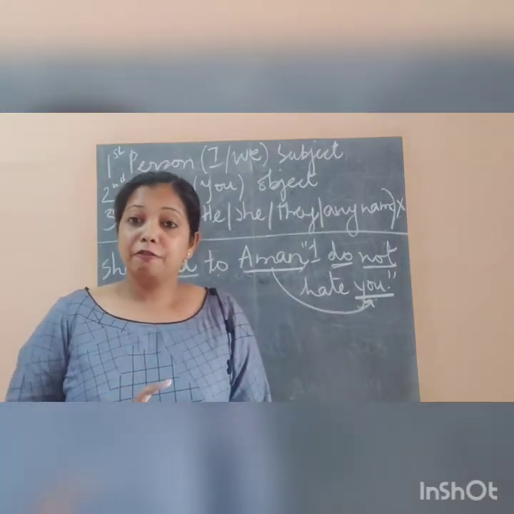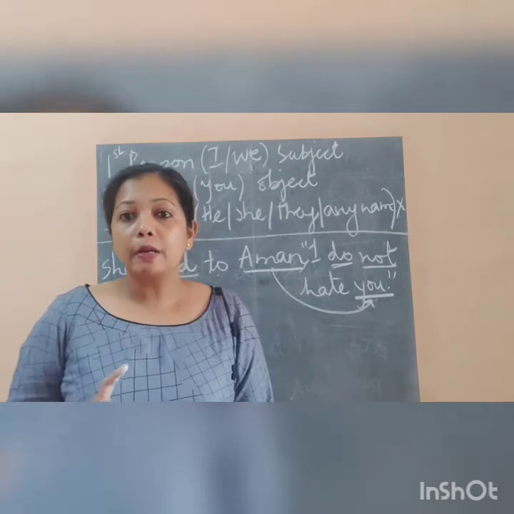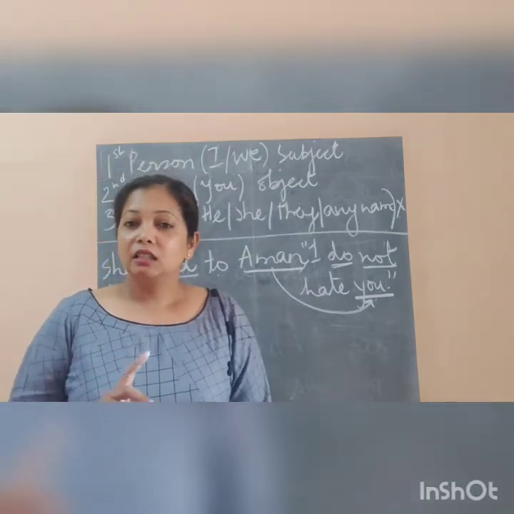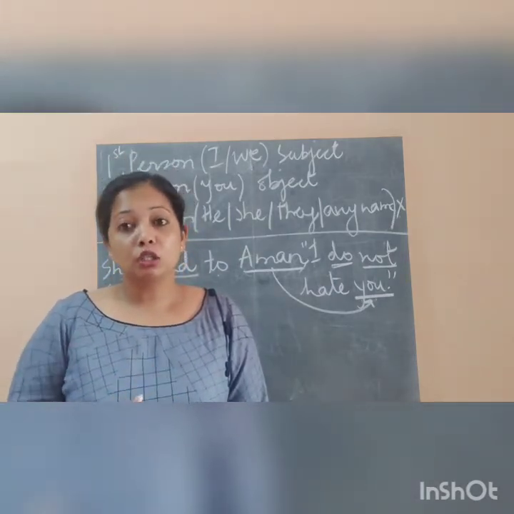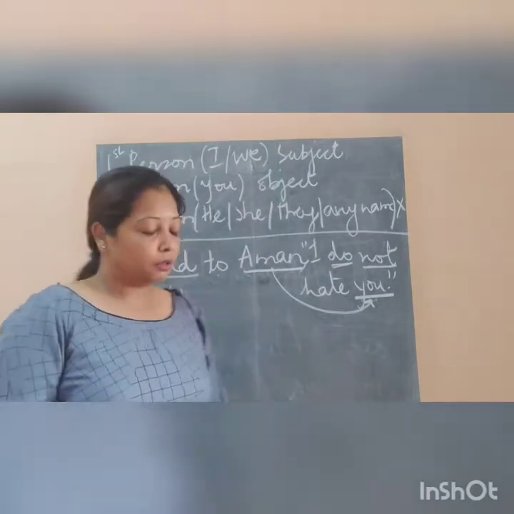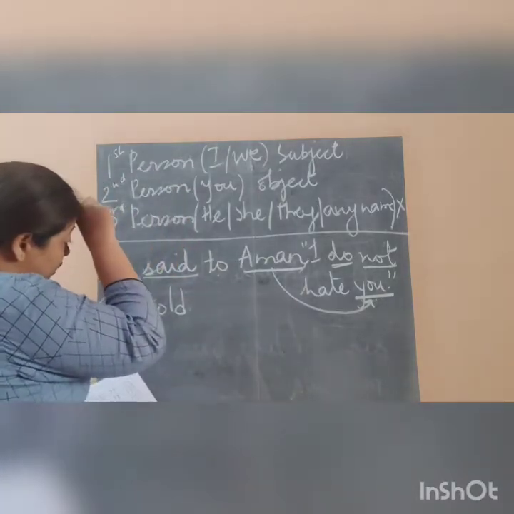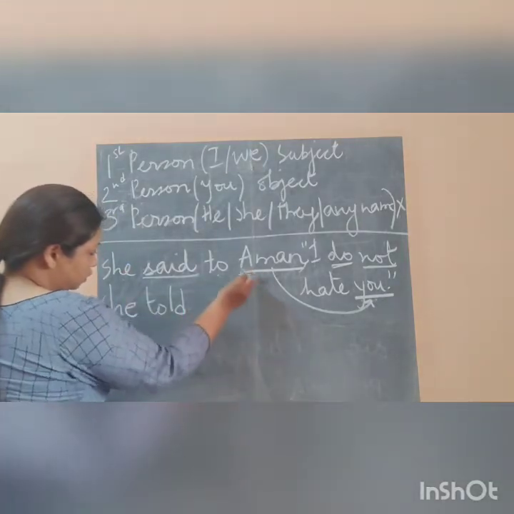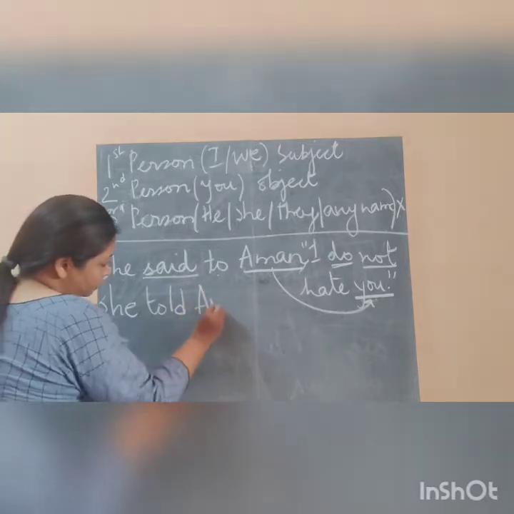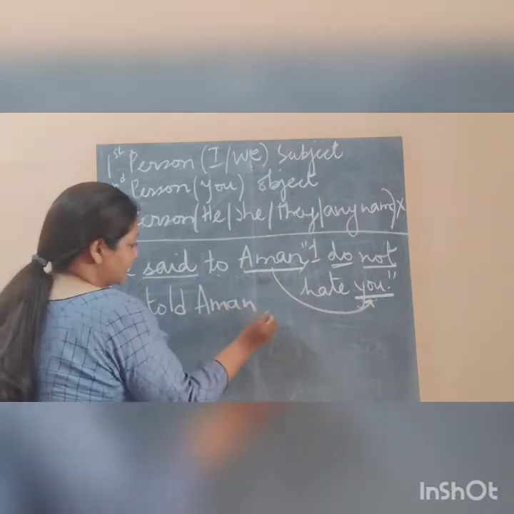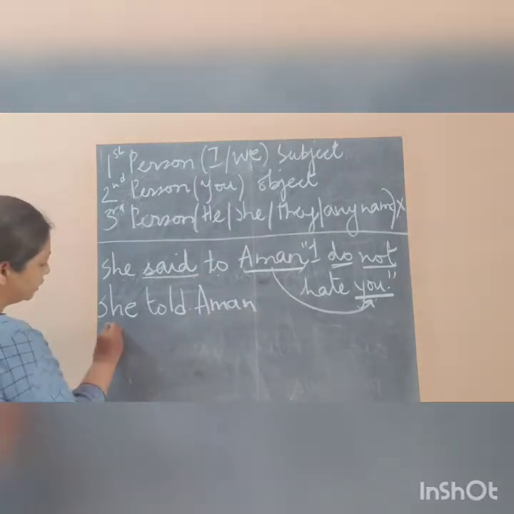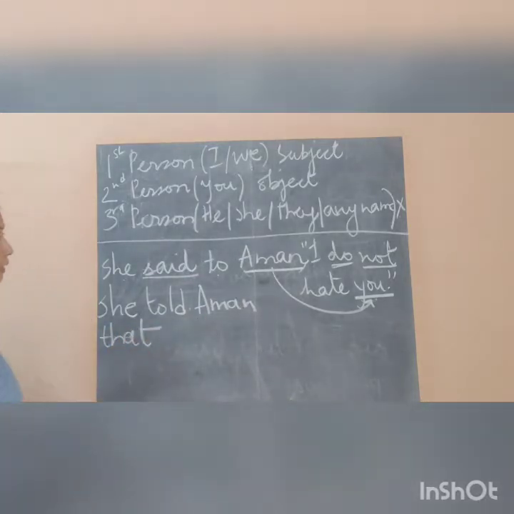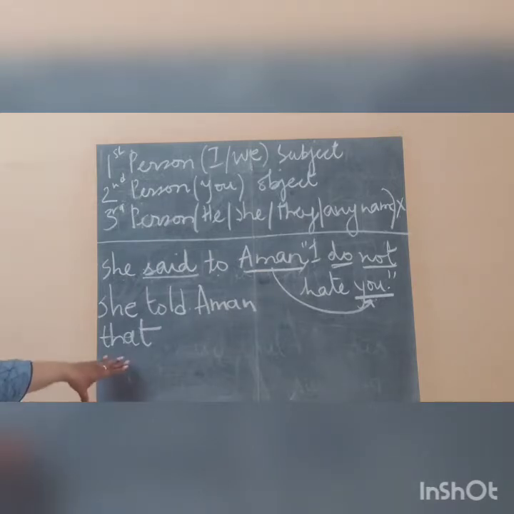But if we are talking only about one person, then the reporting verb will not change. It will be said only. So here she told Aman that. We always put that also.